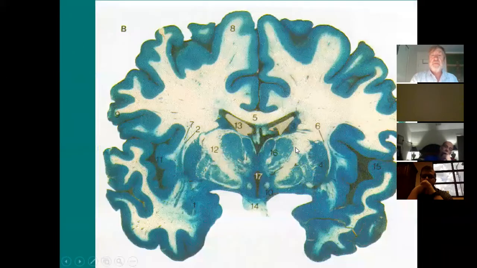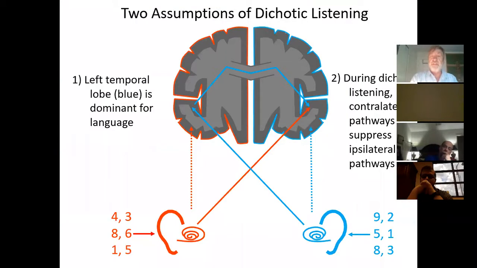But in a child whose corpus callosum isn't finished yet, that kid's going to have a huge right ear advantage. Because it's not finished yet, the right ear is going to get everything and the left ear is going to get diddly.